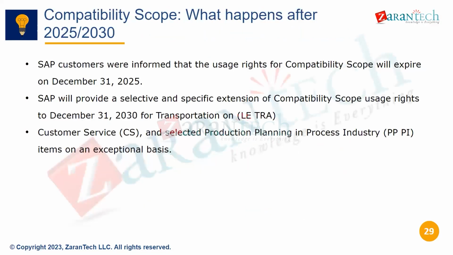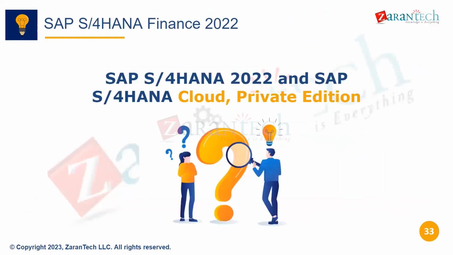These things anyhow we'll cover in our sessions. The universal journal and also the new tables, aggregate tables, ACDOC. The major changes in our financial accounting: what are the tables that have been removed, the redundant tables removed, aggregate tables removed.